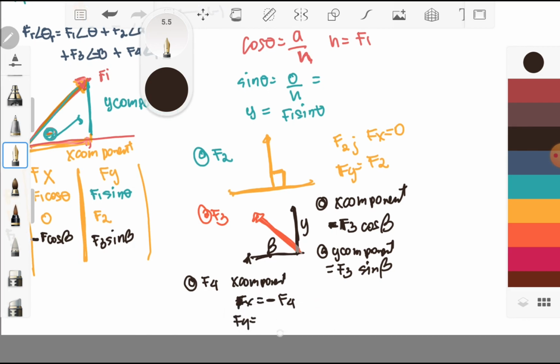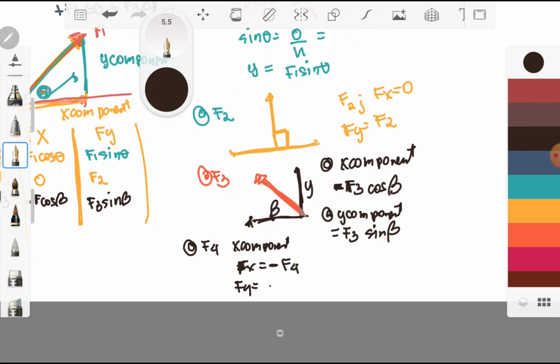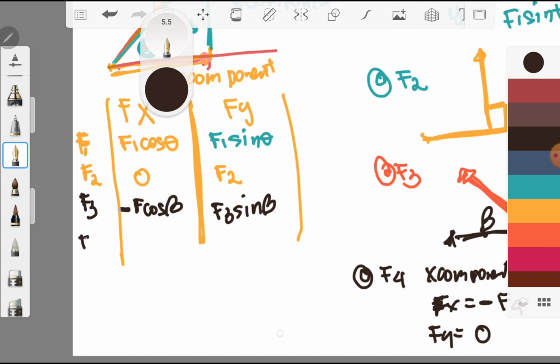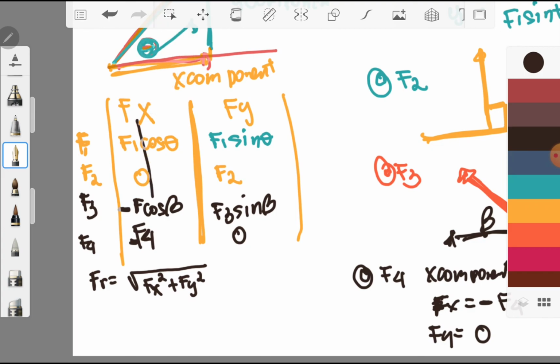So our F of x is negative F4 and then 0. So how will we get the value of your FR? From the formula, FR is just equal to the square root of F of x squared plus F of y squared, wherein we get the sum of these quantities, and then we will have the value of your FR.